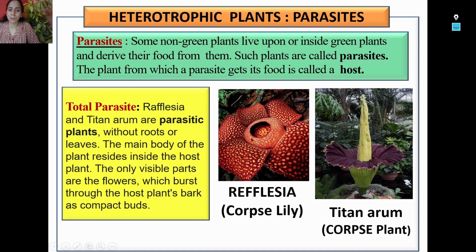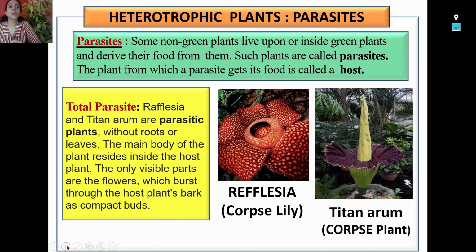So they are also total parasites. So this is about total parasites. We discussed that total parasites are those parasitic plants which are dependent for food and water on the host, and the examples are Cuscuta, Rafflesia, and Titanarum.